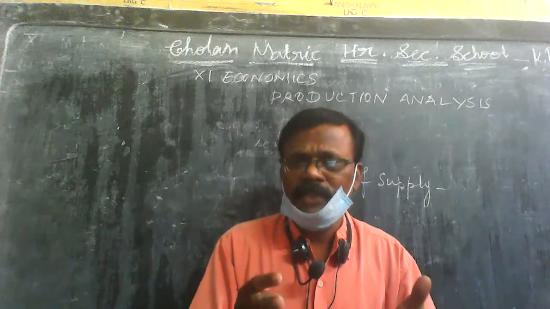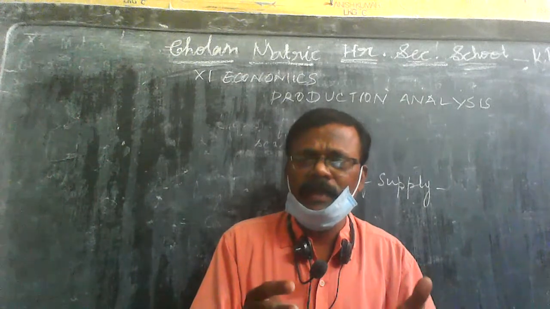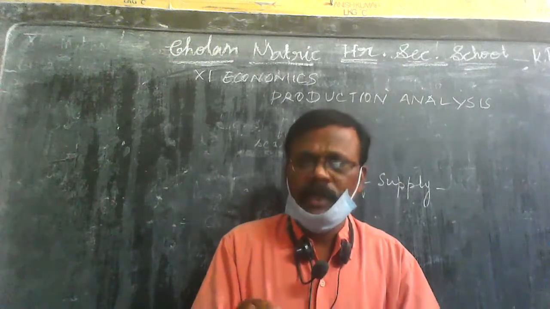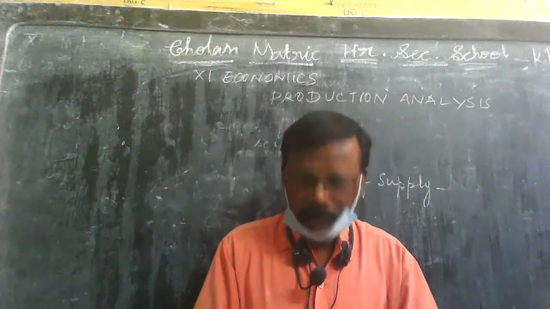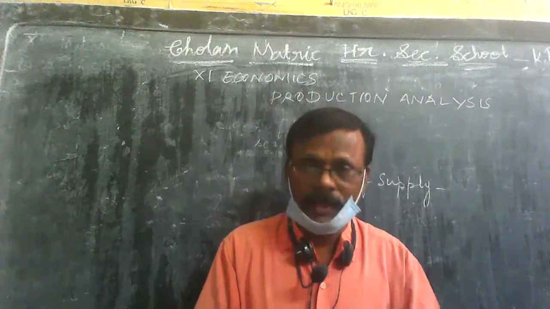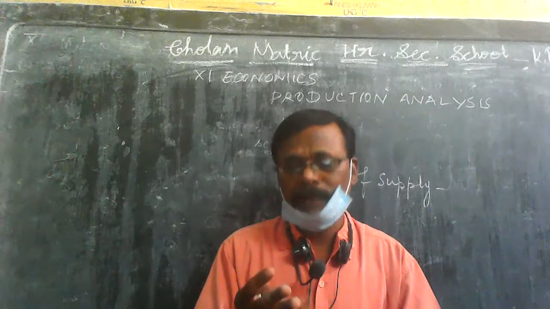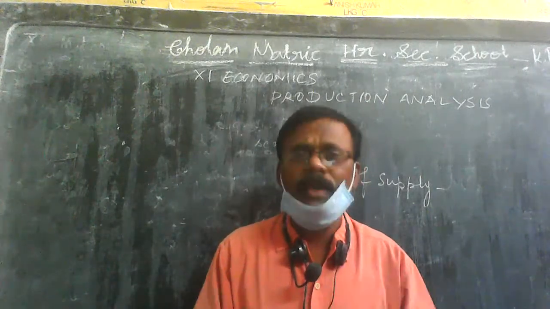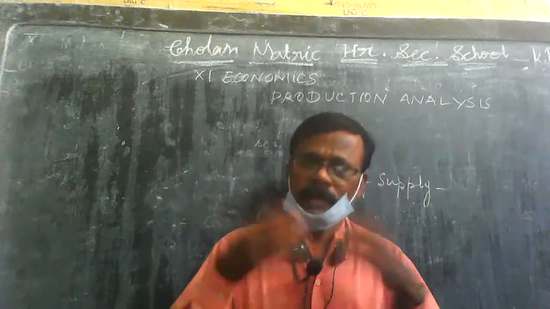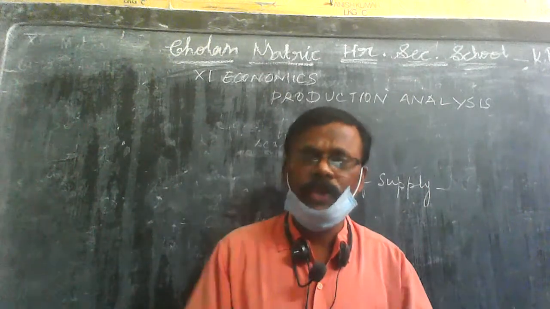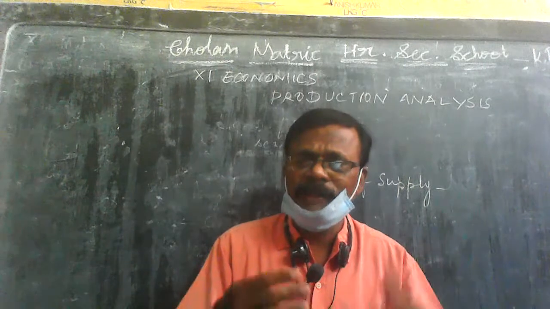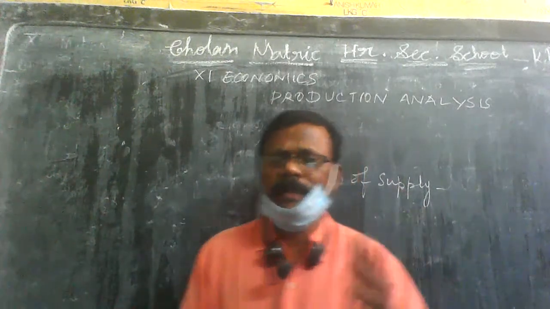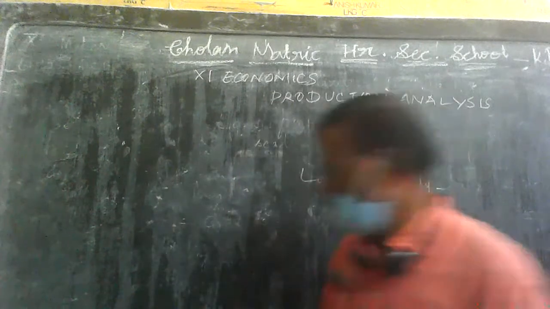Supply is determined by the price of the factors, the price of land, labor, capital, next the prices of related goods, the number of farms, and the technology, then the expected price in the future. Okay, all these are the factors which determine supply.